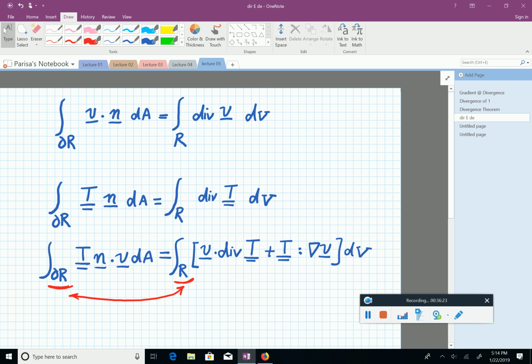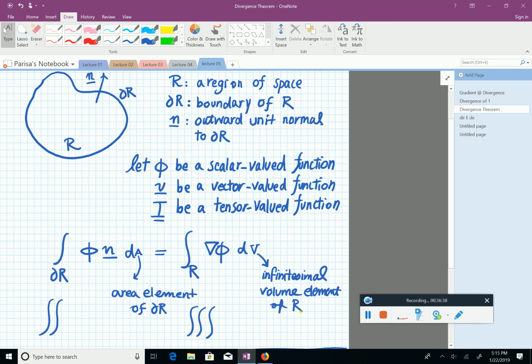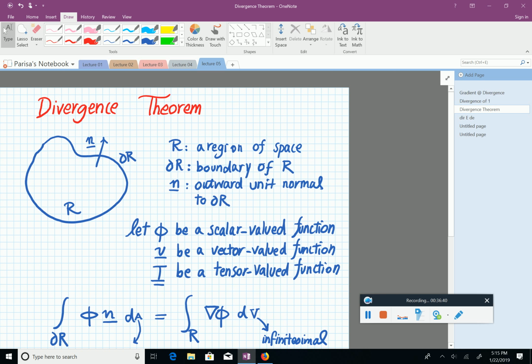So, Professor, what do you mean here by a region? When you say region, I thought it was like a volume. But you said that the region has an area component. Oh, so the region, I tried to make a sketch, it's not too good, but it could be any region that you are considering in a space. It can be even imaginary, so you can just consider some limits.